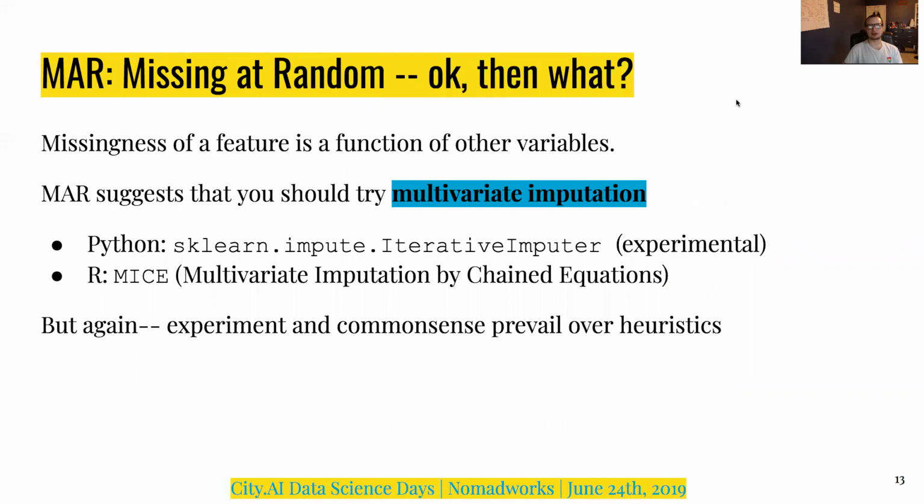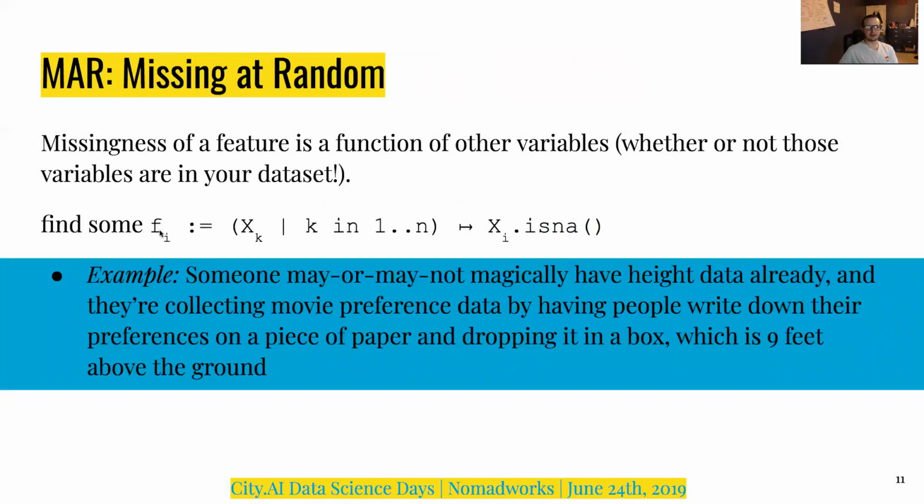You should try something called multivariate imputation. Okay, multivariate imputation is an algorithm. It's a strategy. Yes, Sklearn has implemented it quite recently. It's called iterative imputer, and this is basically looking for this function. Long story short, it's inferring a function that sort of works like this.